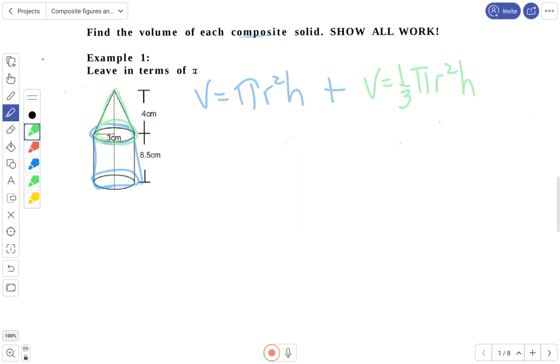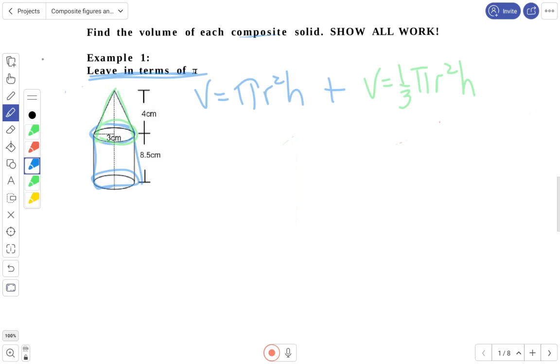Okay? And in this particular problem, it does say to leave your answer in terms of pi. Even if it did not say to leave my answer in terms of pi, remember, just like in last week's lessons, this year you are using the pi key whenever you are finding the volume of particular objects.